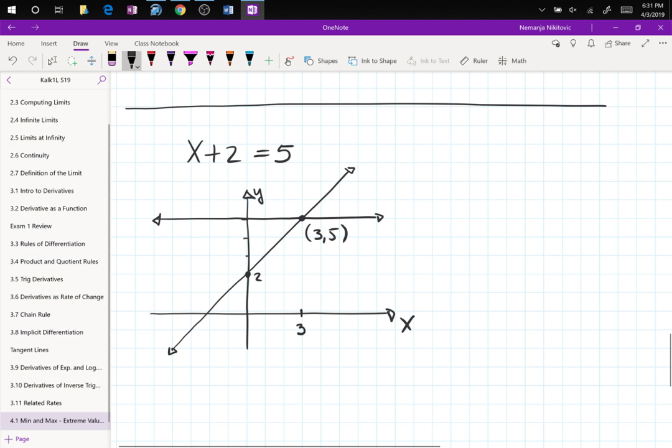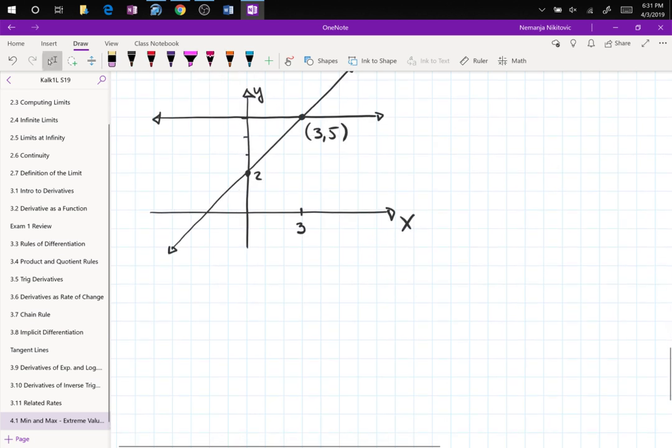The answer is no. Let's take a look at this equation. X plus 2 is equal to ln x. If you have rage issues, please try not to break anything at this point.